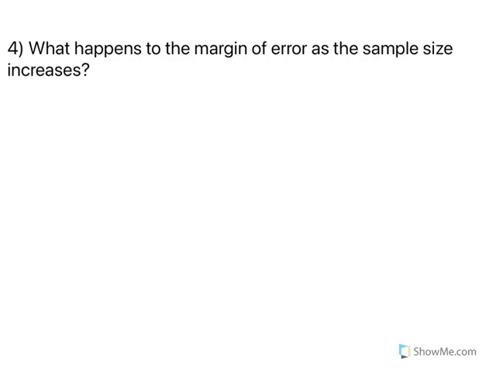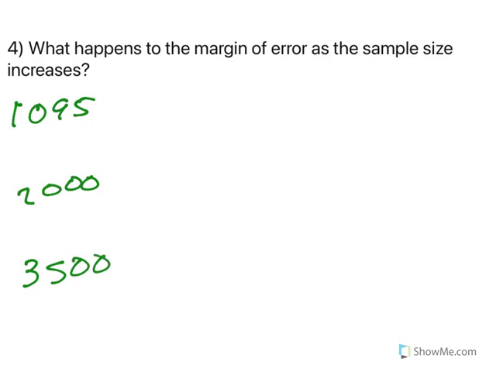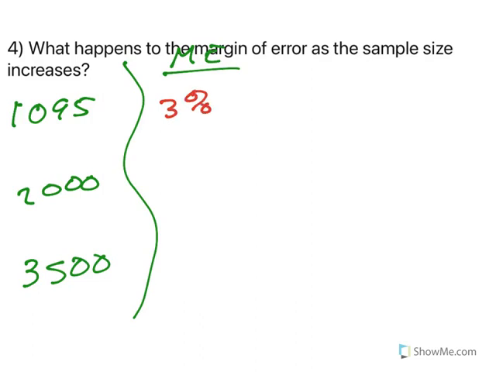Now, what happens to the margin of error as the sample size increases? We started with a sample size of 1095, then we went to 2,000, then we went to 3,500. And what happened to the margin of error? First we had plus or minus 3%, then plus or minus 2.2%, then plus or minus 1.7%.